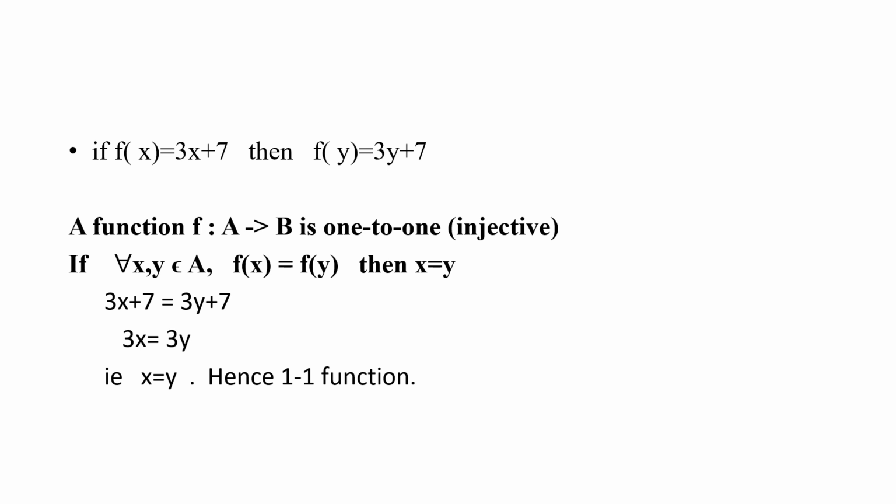If you solve this, we can see that 7 in both the sides of the equal sign will get cancelled and we will get 3x equal to 3y. This 3 also can be cancelled and we will get x equal to y. So, if we are assuming that f of x is equal to f of y, we could prove that x is equal to y. So, given function is a one-to-one function.